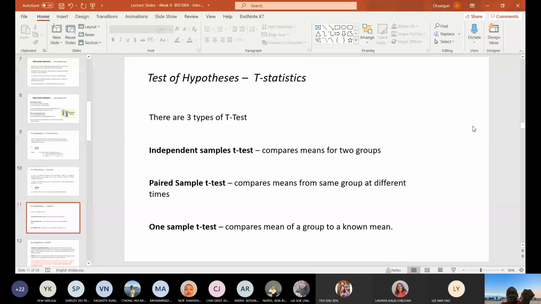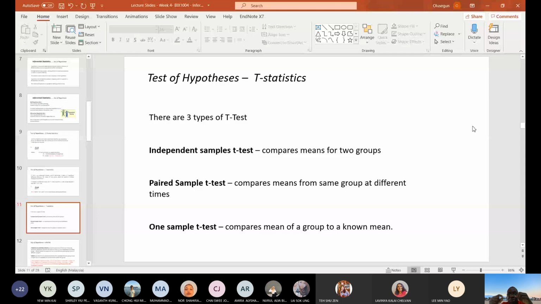They are the same group, but are there differences when you pair them into two? Are there differences in the results coming up? If there are differences, then you'll be able to know whether it's significant or not. Then there's what we call the one sample T test.